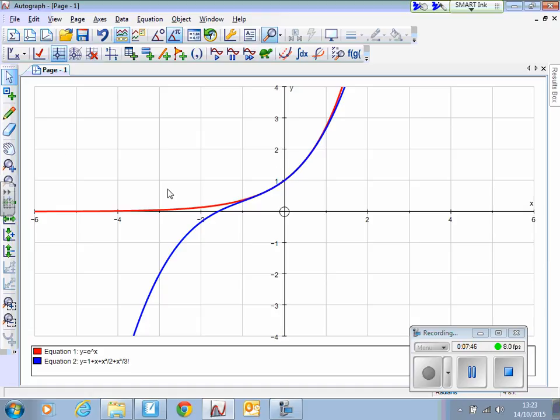So from this we can see that we can use the power series to represent e to the x at x equals 0, more and more away from 0, the point we're considering, as we add more terms. So if we add many terms, we can actually use it to represent the function over a wide range of values for x.